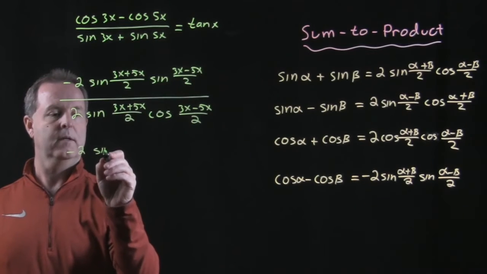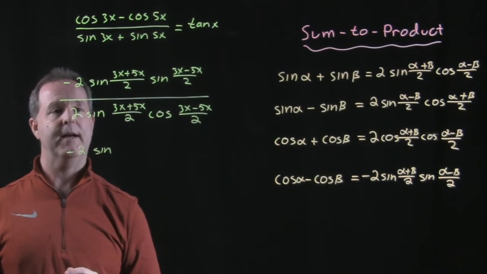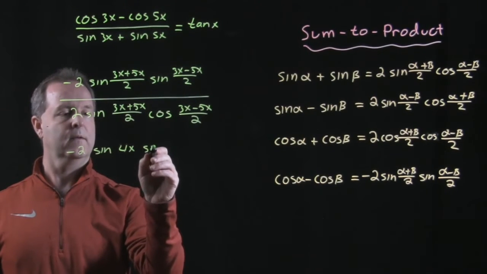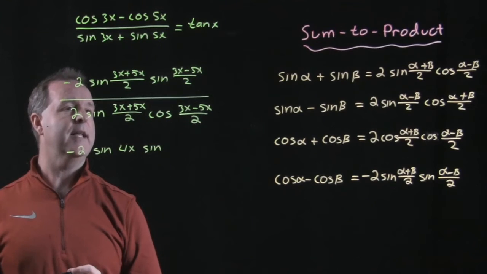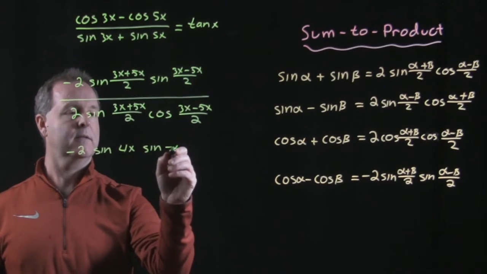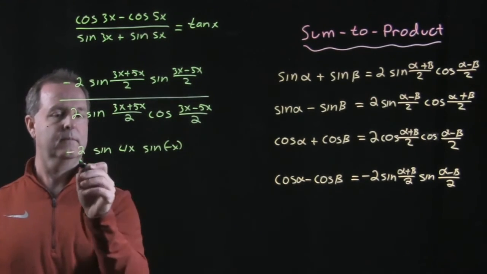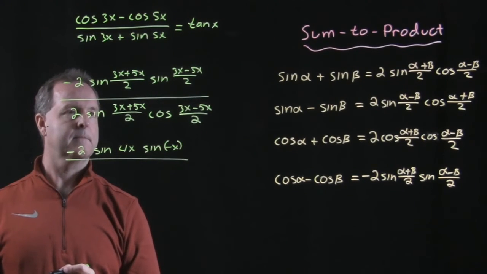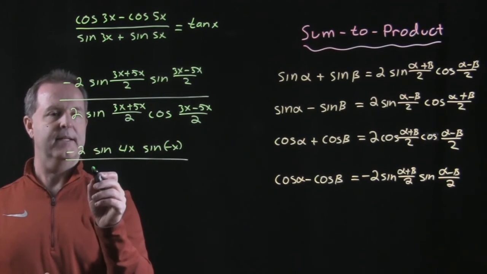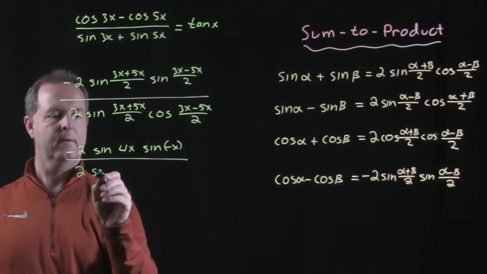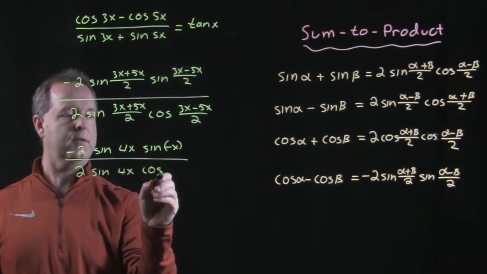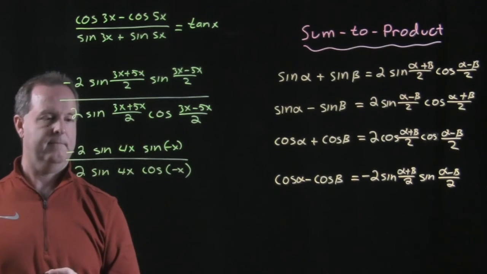Negative 2 times the sine of 3x plus 5x divided by 2 is a 4x. I have a negative 2 over 2, which is a negative x. Then in the denominator I have 2 times the sine of, again, 4x, and a cosine of negative x.